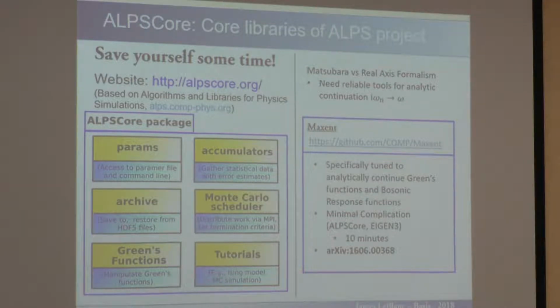So the basic packages included in ALPSCore include parameter handling. Which sounds like a trivial thing, but it is parameter handling in precisely the way computational physicists want it to operate, and hopefully making some improvements there.